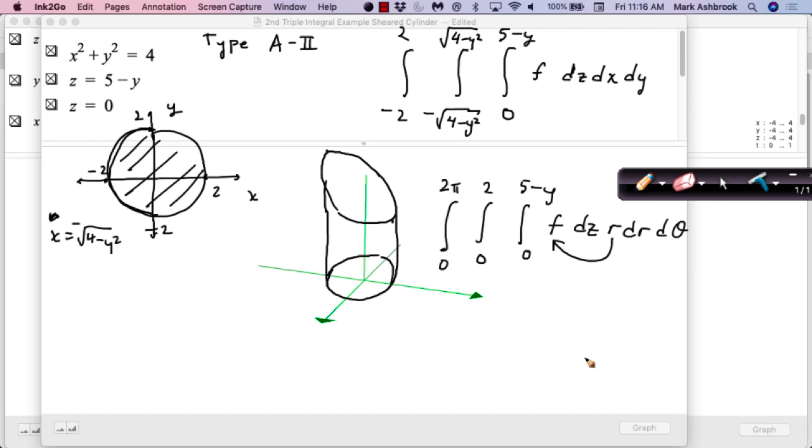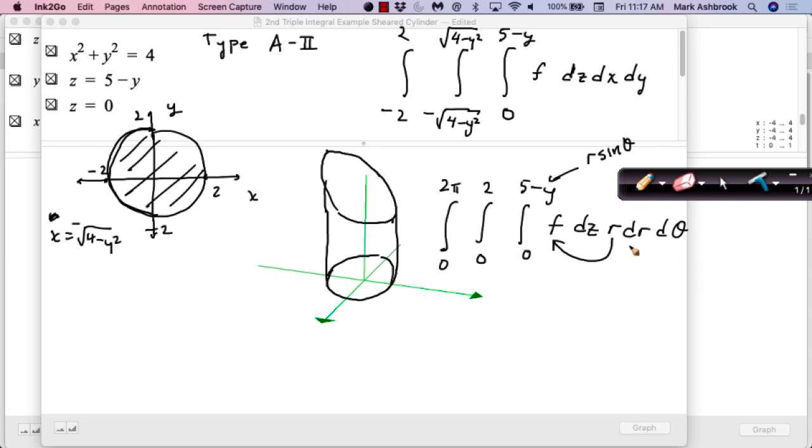So you don't have to convert z to a polar value? No, z is still z. Polar is only for the plane. We still have z from 0 to 5 minus y. The one thing you would have to do is write this in terms of r and theta: r sine theta. Should it be from -2 to 2, or 0 to 2?